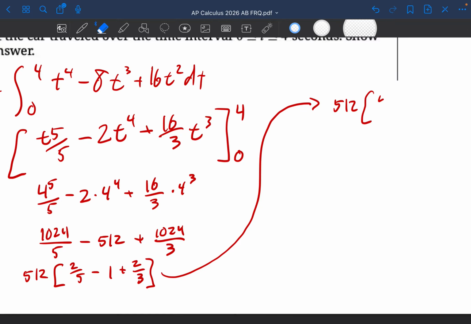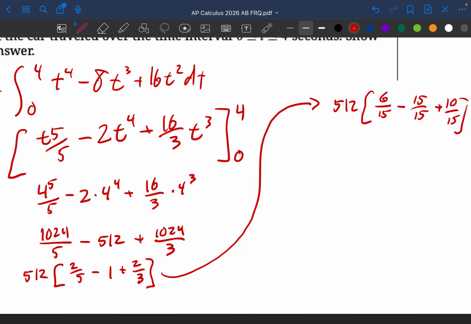We multiply the first fraction by 3 on top and bottom, so 6 over 15 minus 15 over 15 plus 10 over 15. So we have 1 over 15. So we have 512 over 15.